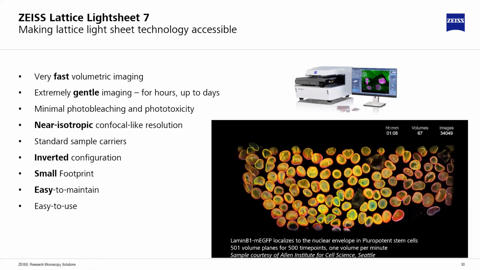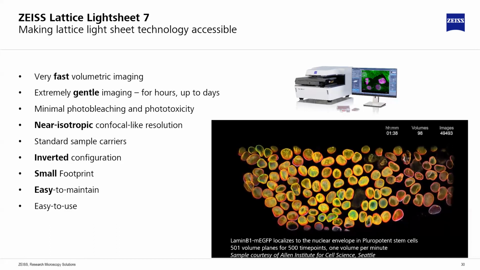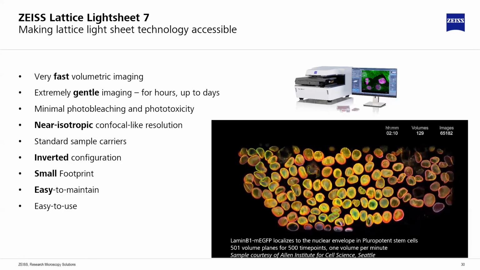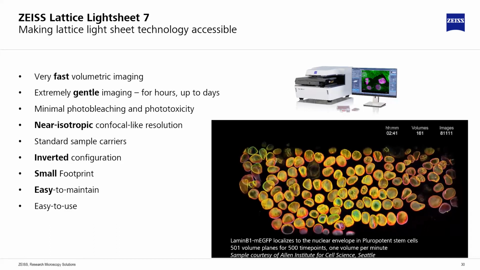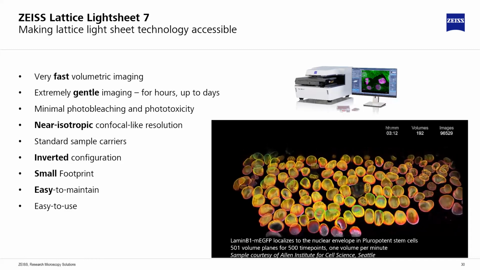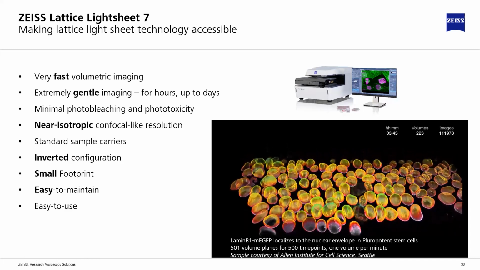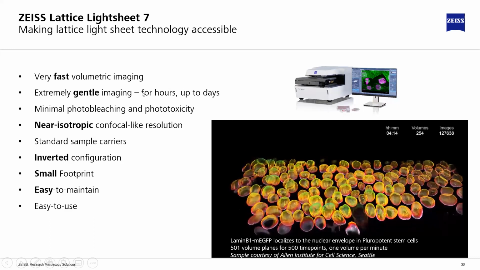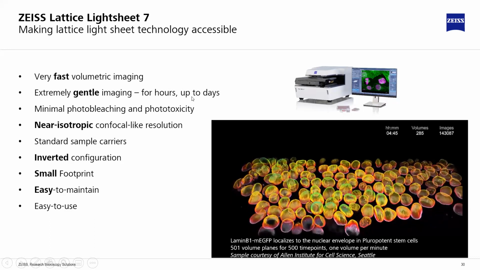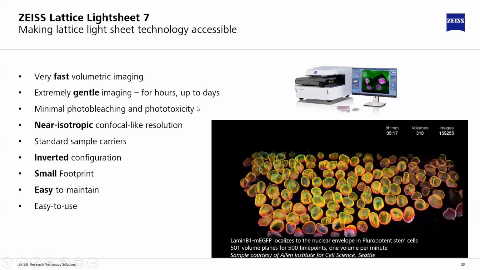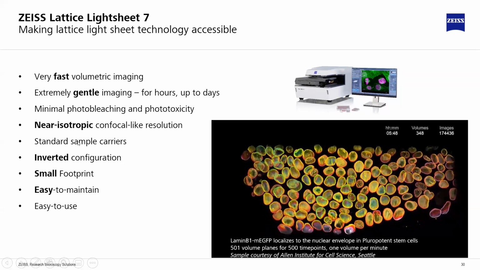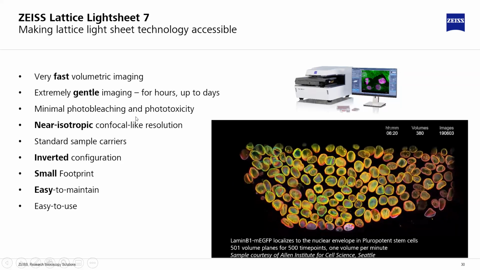The lattice light sheet 7, I think, really does provide the best solution for very fast volumetric imaging. It's very gentle. With minimal phototoxicity, you can perform time lapses for hours or up to days of continuous imaging. It provides near isotropic confocal-like resolution, as we just mentioned.